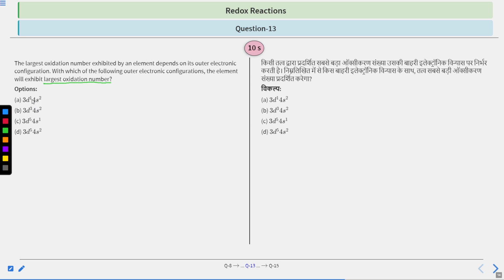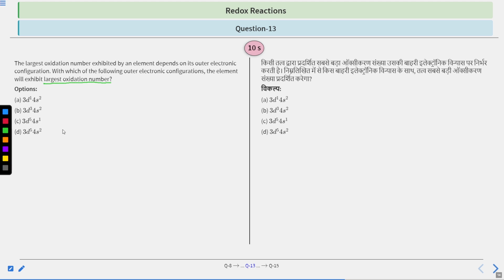So options are 3d1 4s2, 3d3 4s2, 3d5 4s1, or 3d5 4s2.